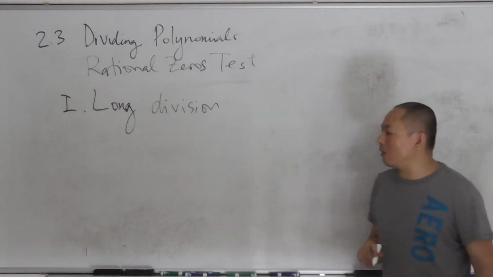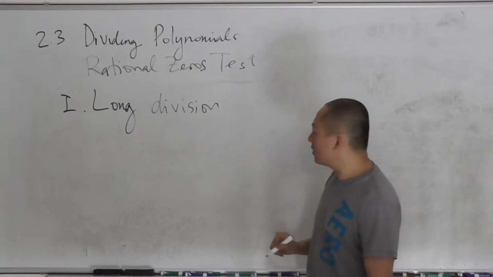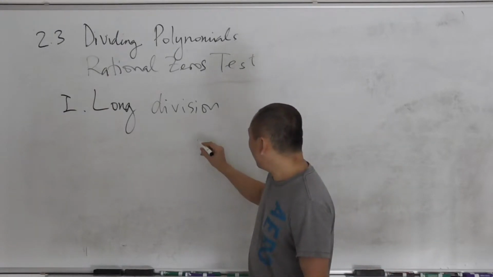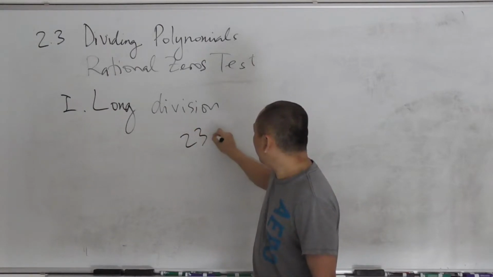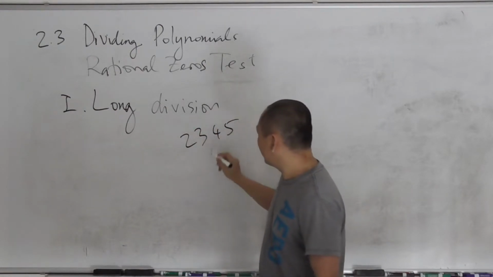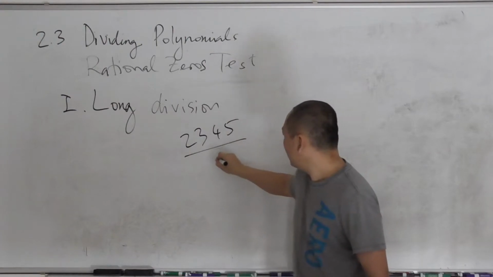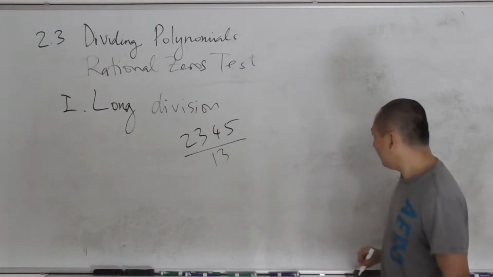Alright, let's recall what we learned about long division back in middle school. Say we have a big number divided by a smaller number, say 2345 divided by 13. So how do you do long division?